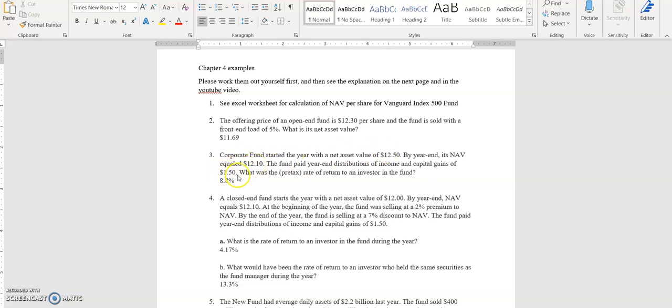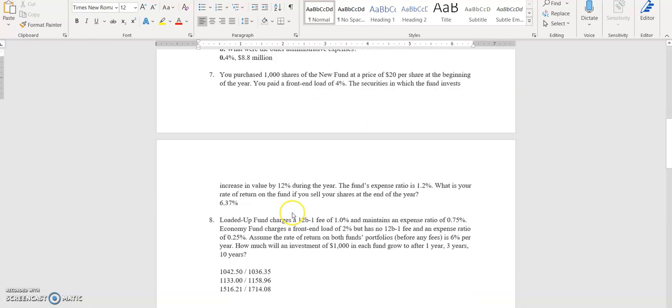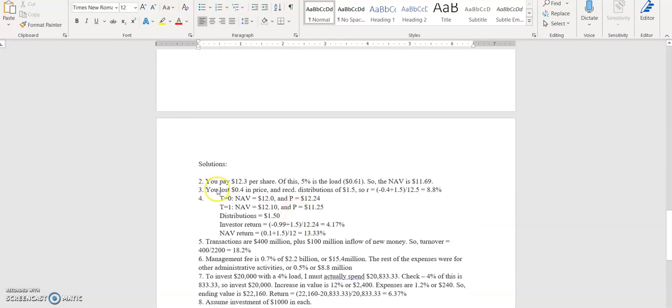So that's $1.10 on an investment of $12.50, which will give you 8.8%. So that's basically what we have. So you lost 40 cents on the price, you received distributions of $1.50. So your total gain, the amount of money that you made, is $1.10. So that on an initial investment of $12.50 is 8.8%.